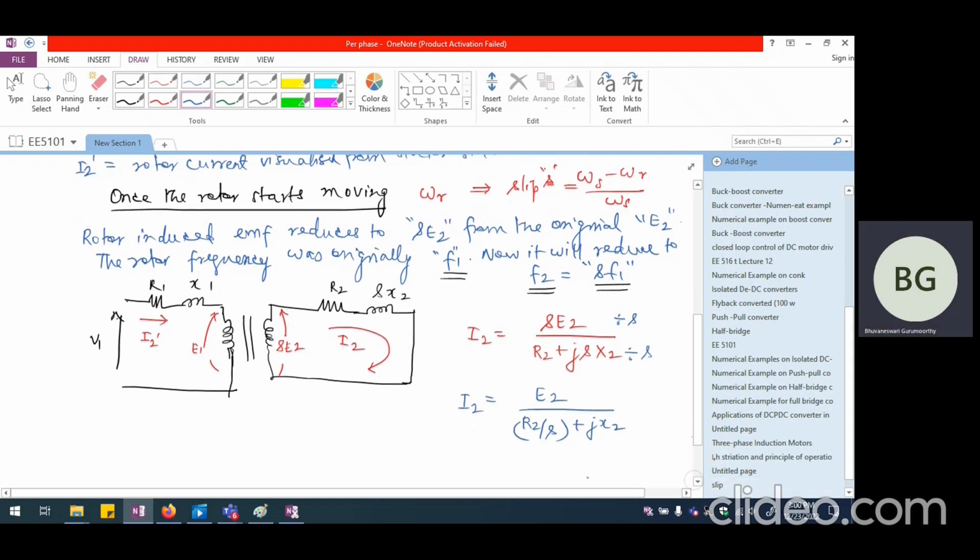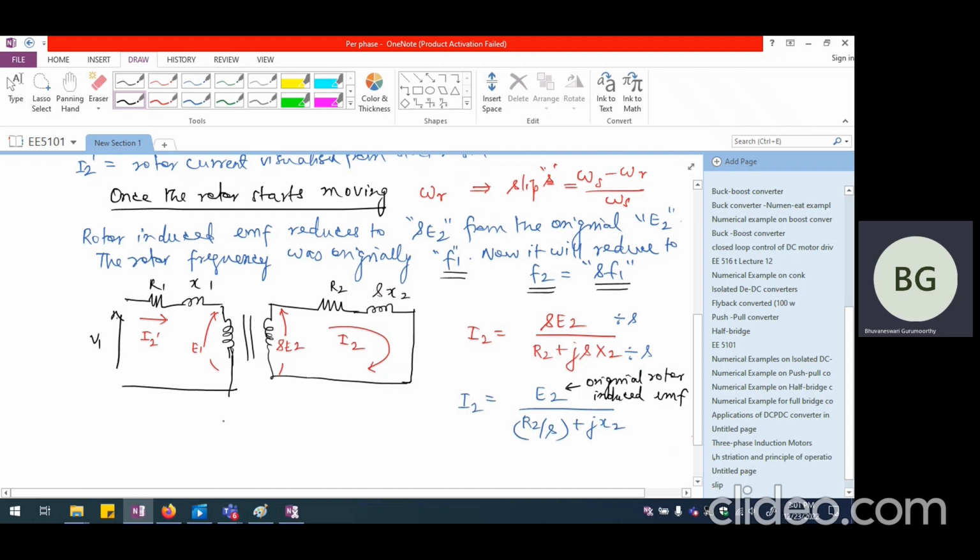Okay. Now this E2 that we have got is the same as the original rotor induced EMF. What I mean by original is when there is no rotation in the rotor. When the rotor was stationary, whatever was E2 at that point is the same as this E2 that we have written.